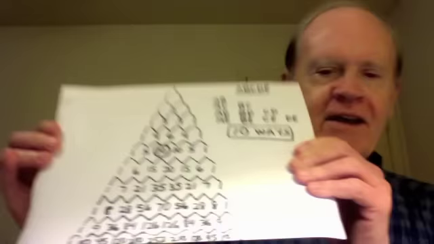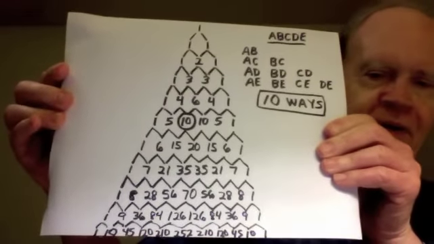Now to answer the main challenge. Given a club of 10 members, how many ways are there to form a committee of 4 members? To respond to that question, we need to extend Pascal's triangle to row 10. By that I mean the row that has 10 as the second number.